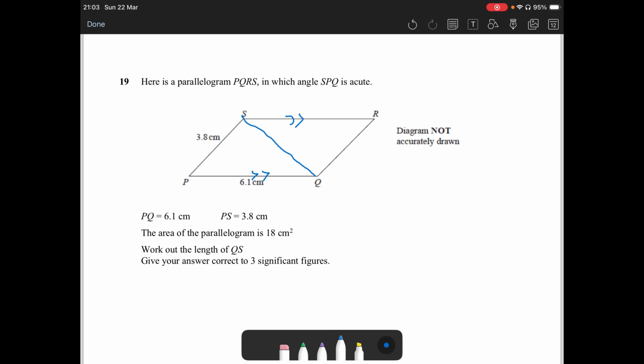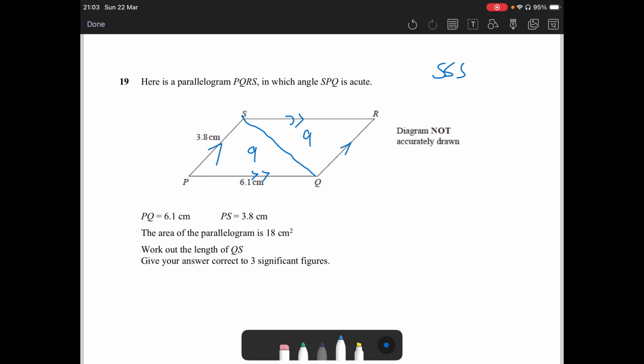Again, proof of congruency if you don't believe me. Well, actually, it's an SSS triangle, isn't it? All three lengths are the same. So this is an easy proof. It's not the question, but trust me when I say they're identical. So if the area of the parallelogram is 18, each triangle has to be 9.